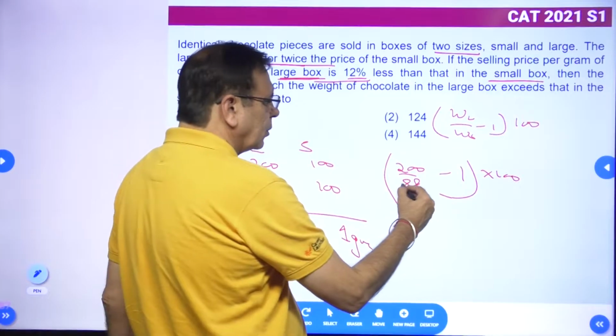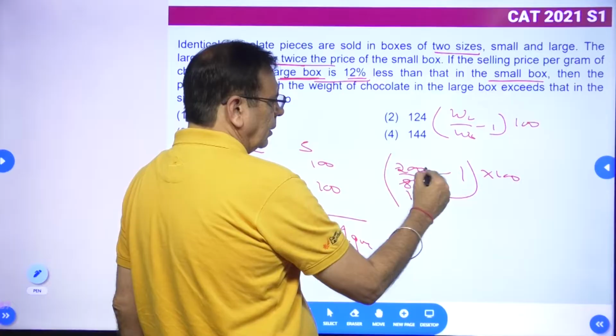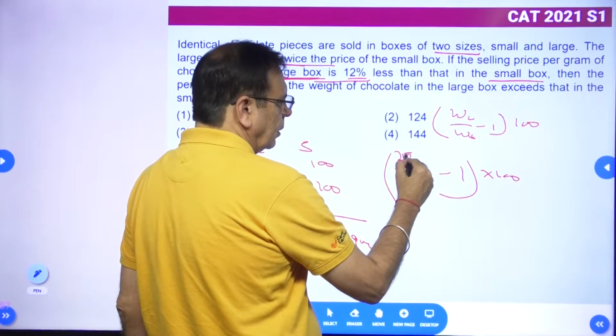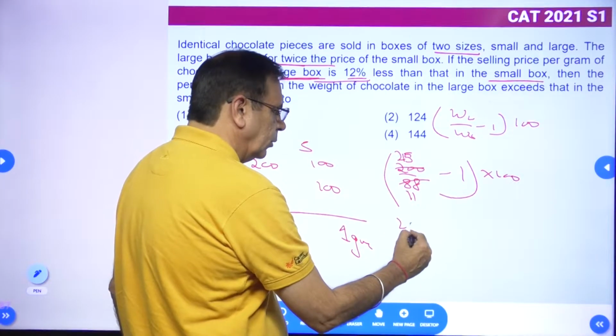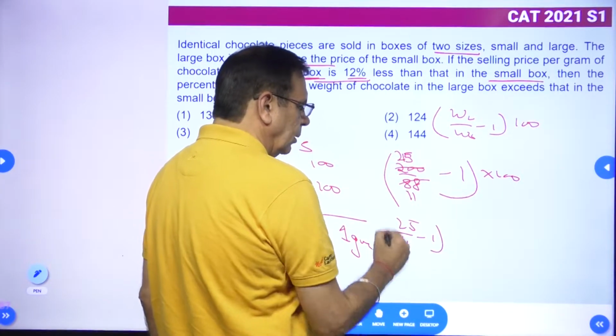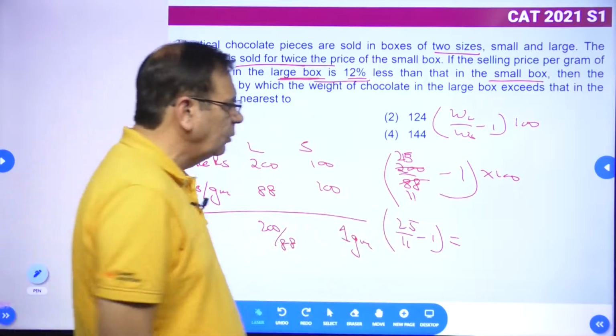You can cancel out numbers: 8 into 11, 8 into 25. So it becomes 25 by 11 minus 1, which is 14 by 11, 25 minus 11.